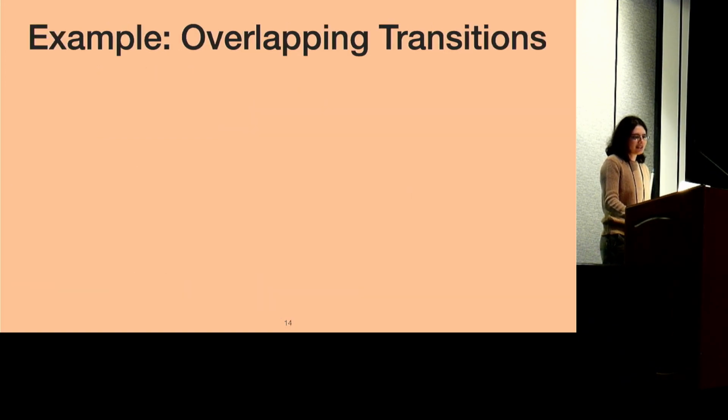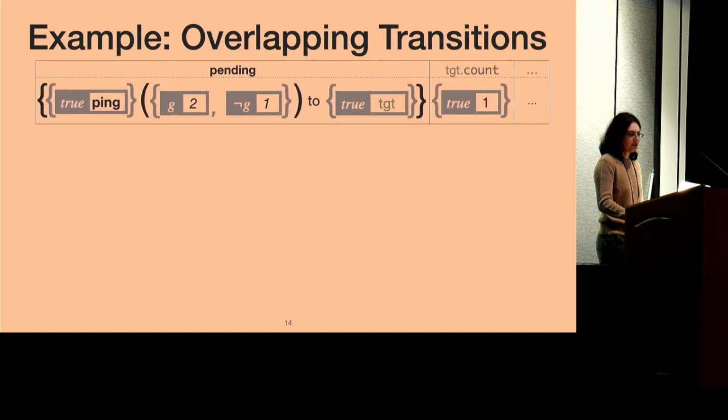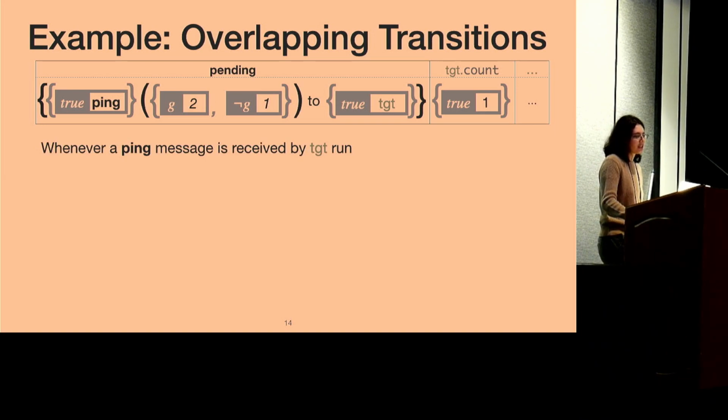So now let's look at how this works in more detail and link this back to overlapping transitions. Here's our frontier, and we want to compute the next frontier. In our system, whenever a ping message is received by this target node, the target node will run this bit of code, which updates its local state, this local count variable, and does some other unrelated stuff.